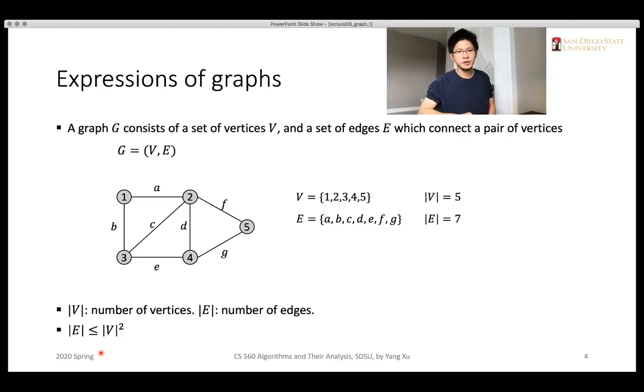When you define an edge, you need to choose one end first and then choose the second end. So when you have V possible choices for the first end and also V possible choices for the second end, then the total number of combinations is V times V. That is the maximum number of possible edges. So that's why E is always bounded by this quantity.